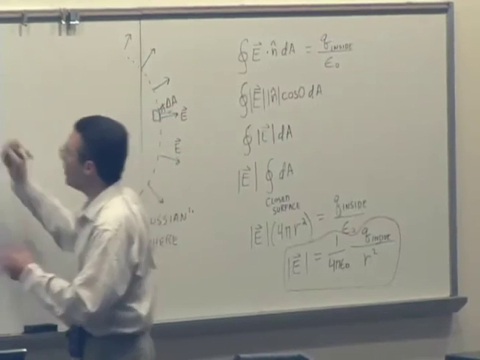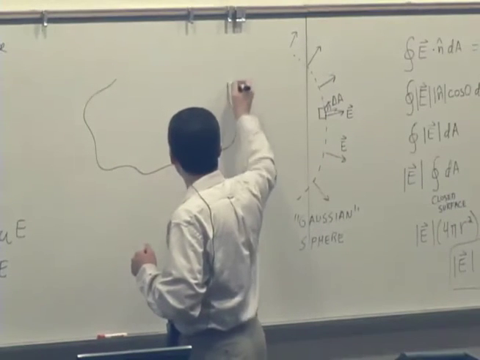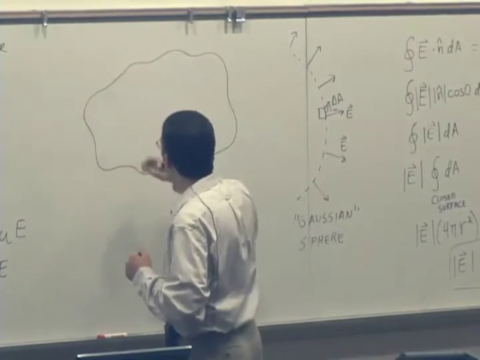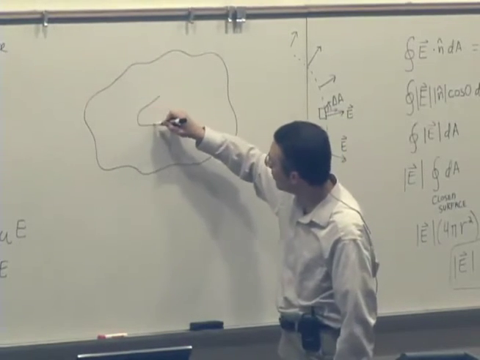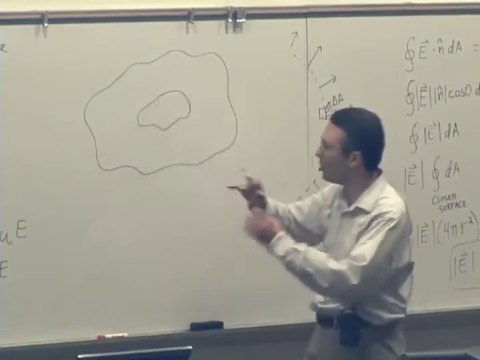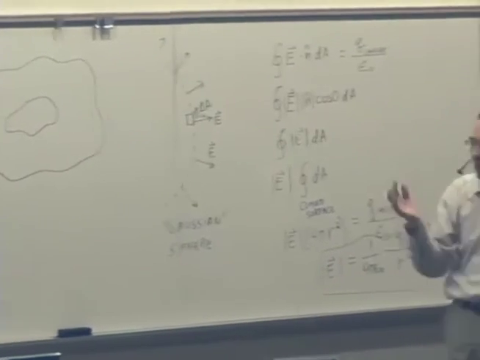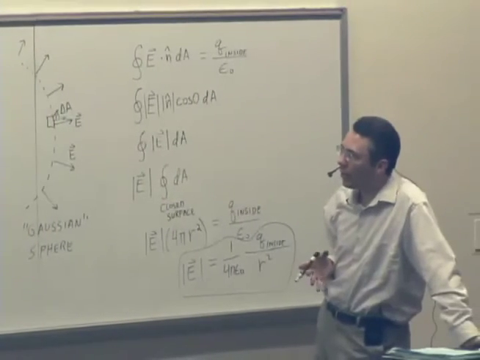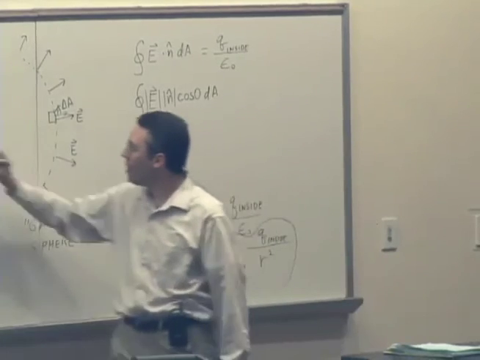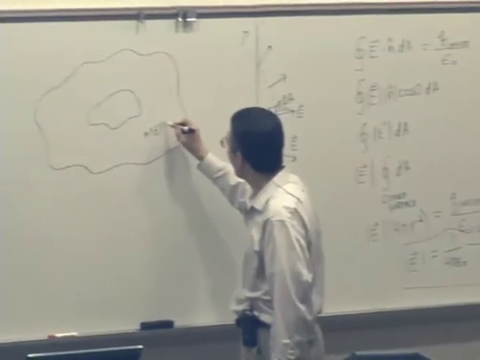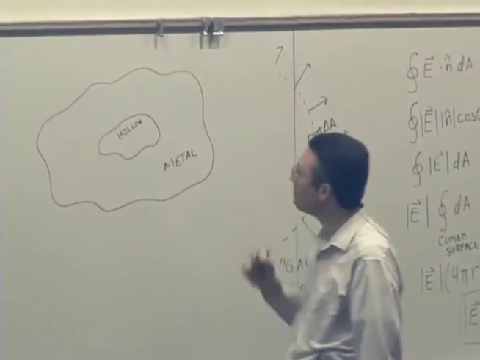which is this. What if you had a piece of metal and there's a hole in it? I'm drawing this in cross section, but what I really have here is a shell. Imagine just a silver hollow ball, a shell of metal, and the interior is hollow. So this is metal, and this is just hollow inside.